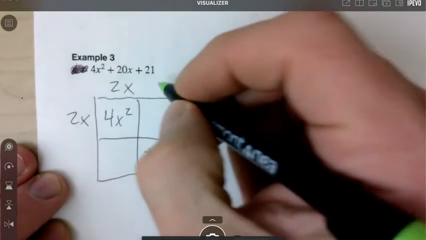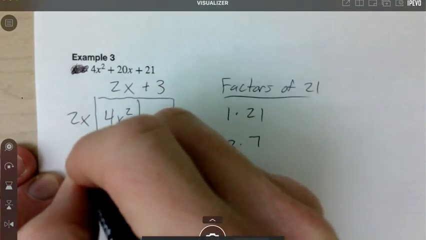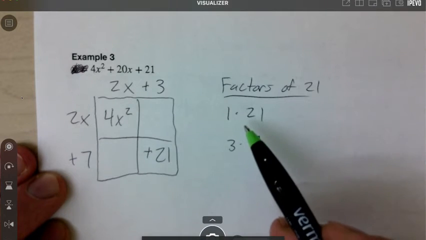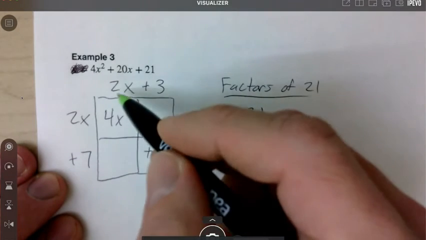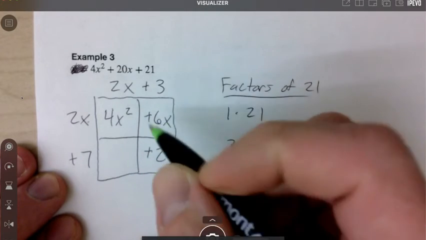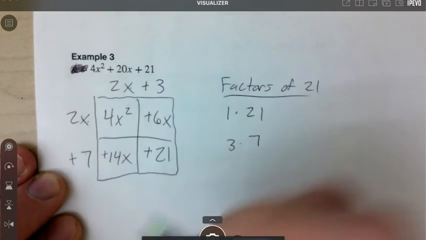Well, if I do a plus 3 and a plus 7, I'm pretty confident this one's not going to work. You could try it, but pretty sure it won't. Notice how I have 2x times 3 plus 6x. I have 2x times 7 plus 14x.